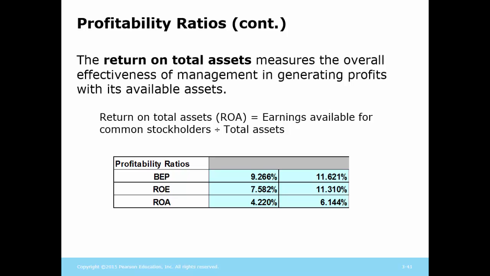It's the earnings available for common shareholders, essentially net income, divided by total assets. How much profit is generated based on the assets that we've purchased. In this case, you can see 14.2% versus 6.1. So roughly we have about a 1.9% increase in profitability.